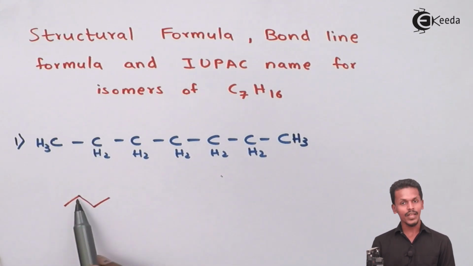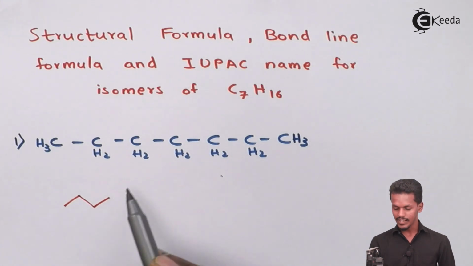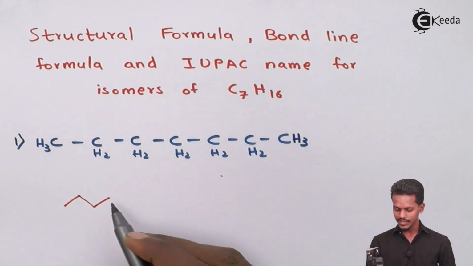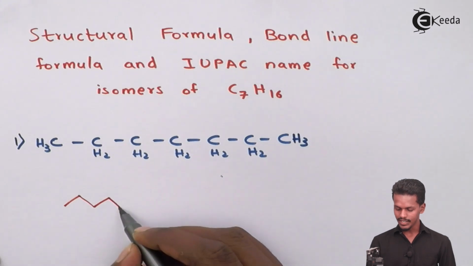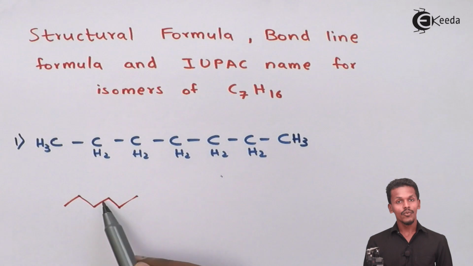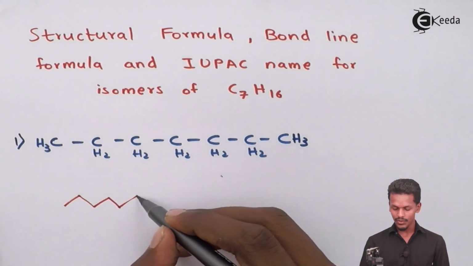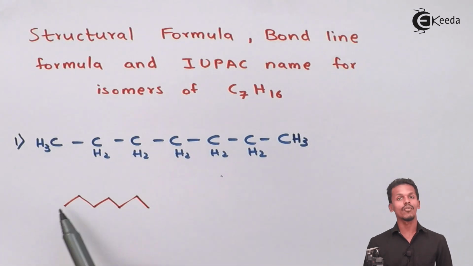Again CH2, again CH2 here, again CH2 over here, and then again CH2. So let us count how many points we are getting. We should get at least 7 points. So 1, 2, 3, 4, 5, 6. Only 6 points are represented in this case, so now it has become 7. So this is the bond line formula of this structure.